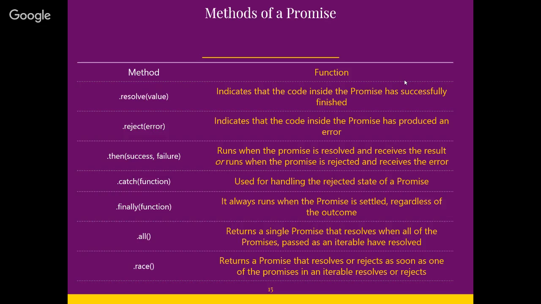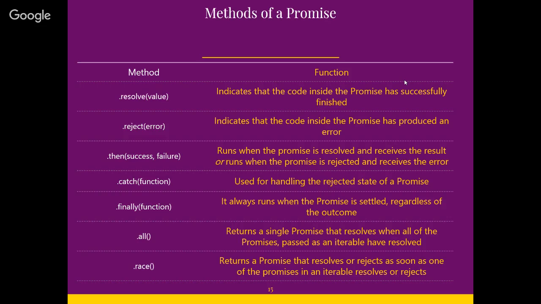So we must always provide a function that will run in the case that the promise is rejected. We do that because it will be easier to know the reason for rejecting our promise if we have a catch method with a function defined.